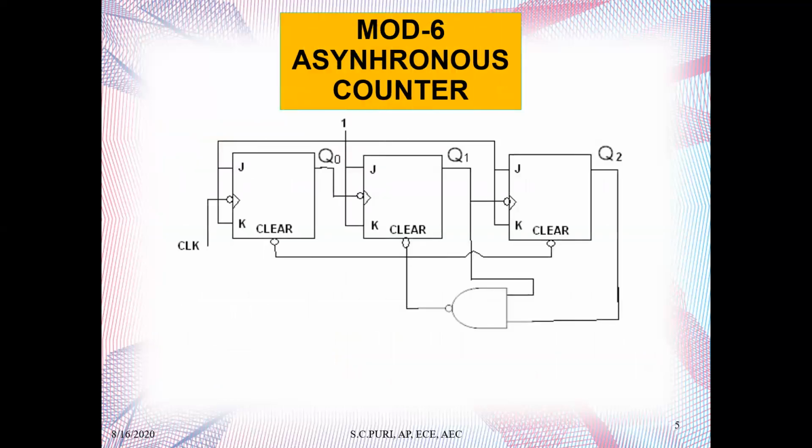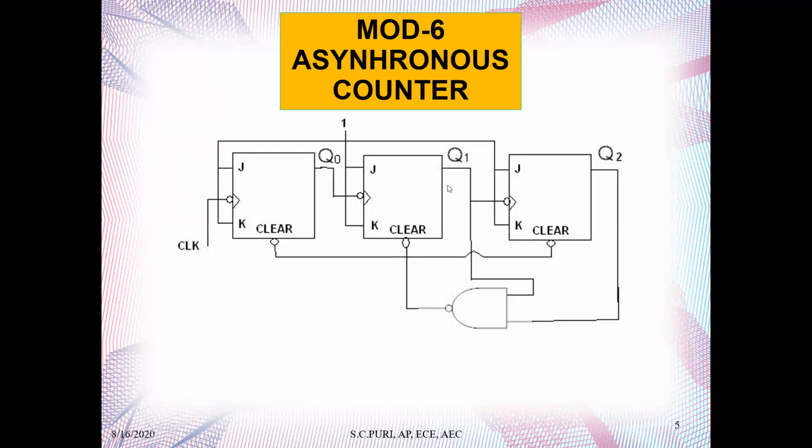So as you can see here, this is a mod 6 operation. So here 0, 1, 0, another 1, 1, 0. So 1, 1, 0 is the binary equivalent of 6.